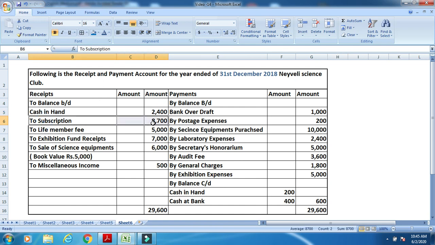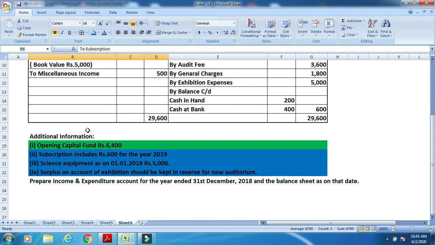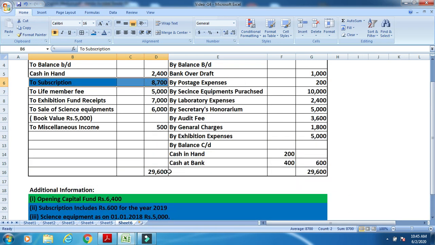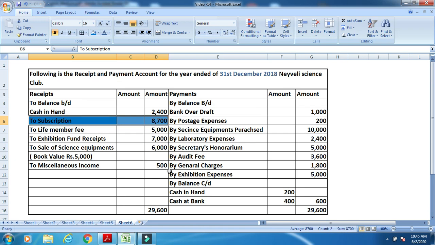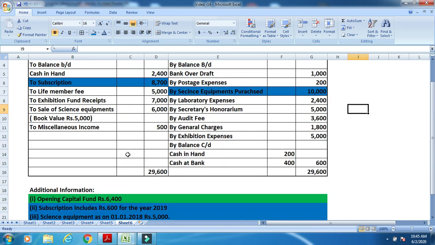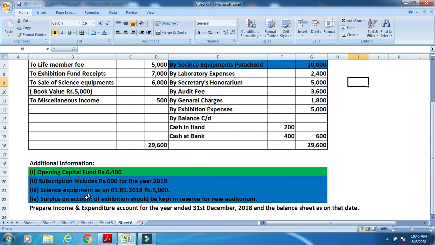Subscription is highlighted in blue color. Whatever is highlighted in blue color, we have an adjustment. Next, science equipment: the 1/1/2018 opening balance of science equipment. On the payment side they give science equipment purchased. Please highlight it, because we have an adjustment.